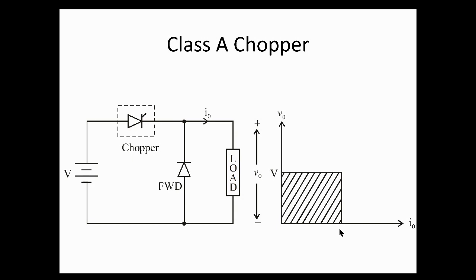The voltage would be positive at the top there, and the current would also be positive. In the diode, there will be no current flow because it will be reverse biased. That's when the chopper is turned on.